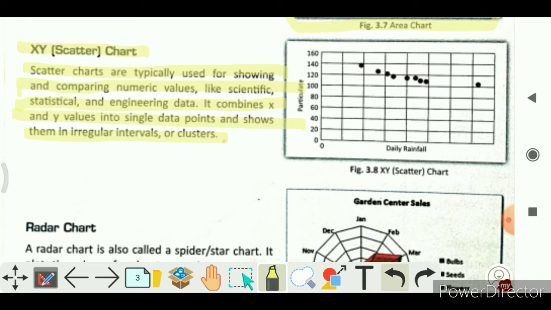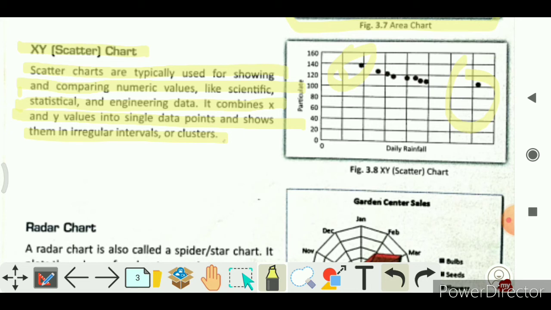In this, X and Y coordinates are shown with the help of points, and this shows the value. And this type of chart is used in scientific work, engineering work, and statistical analysis, right?